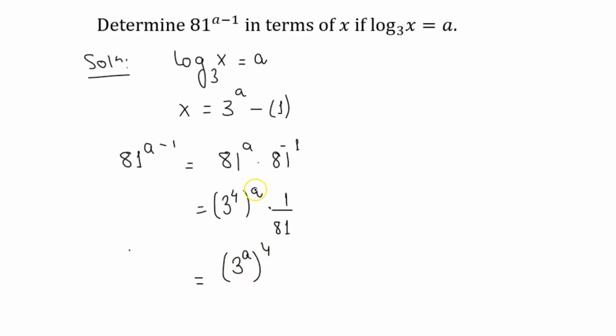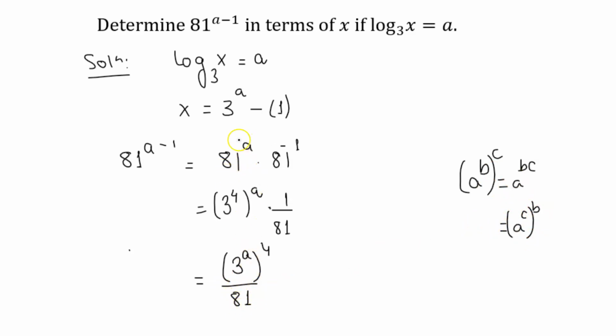We've done this. We'll just change the order, because a raised to the power of b whole raised to the power of c is simply multiplying the powers. That's b times c, and this can also be expressed as a raised to the power of c whole raised to the power of b, and that means exactly the same thing, divided by 81.